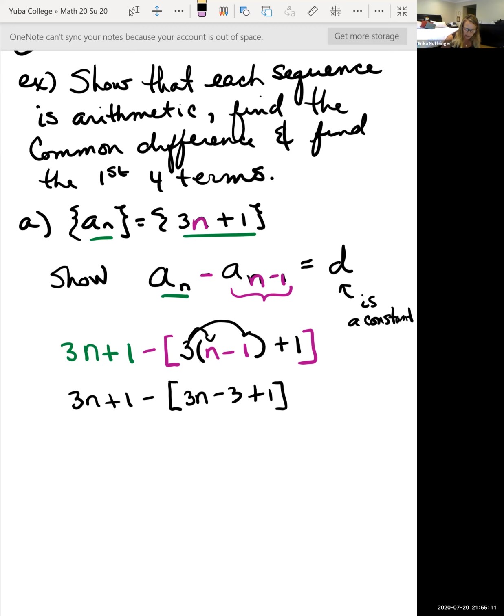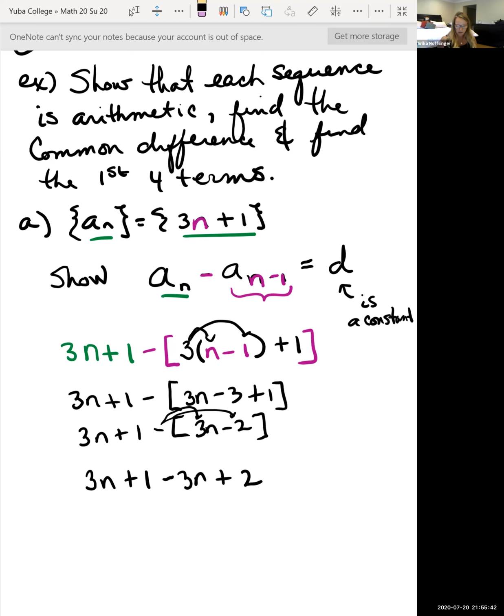Combine like terms inside that bracket. So we have 3n plus 1 minus, combining like terms, we have 3n minus 3 plus 1, so we have minus 2 inside that bracket. Let's distribute this negative, bringing down our 3n plus 1. Negative times 3n is negative 3n, and negative times negative 2 gives us plus 2. Combining like terms now, 3n minus 3n cancels, and 1 plus 2 gives us 3.